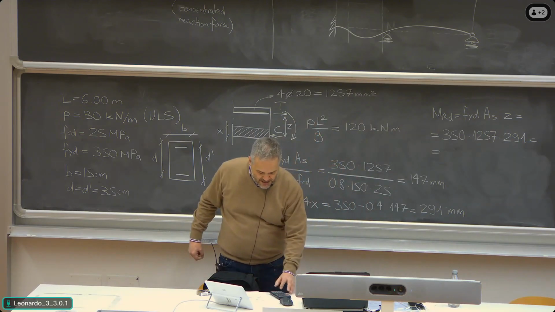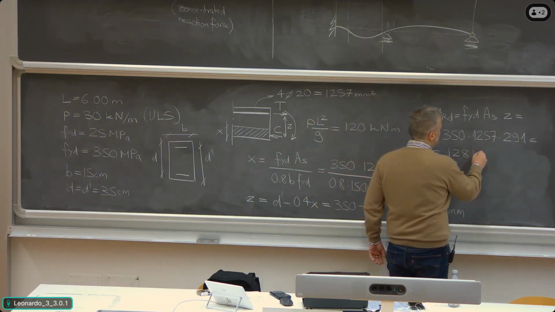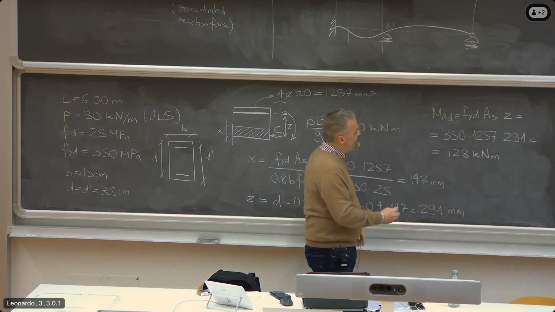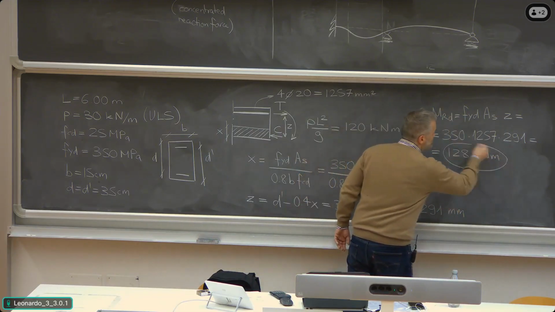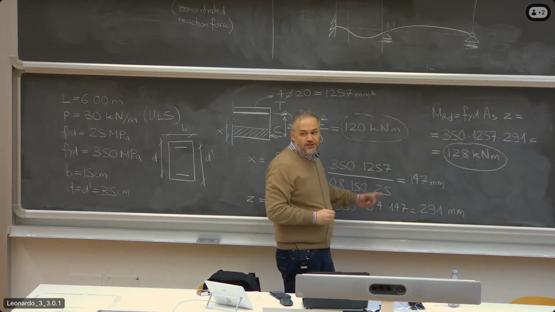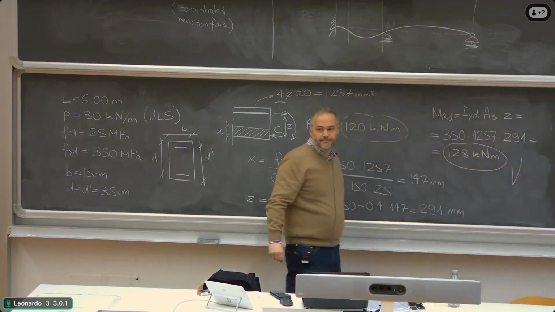We divide by 1 million to get kilonewton meters. The result is 128 kilonewton meter. So since this value here is larger than this value here, which is the acting bending moment, check is okay.